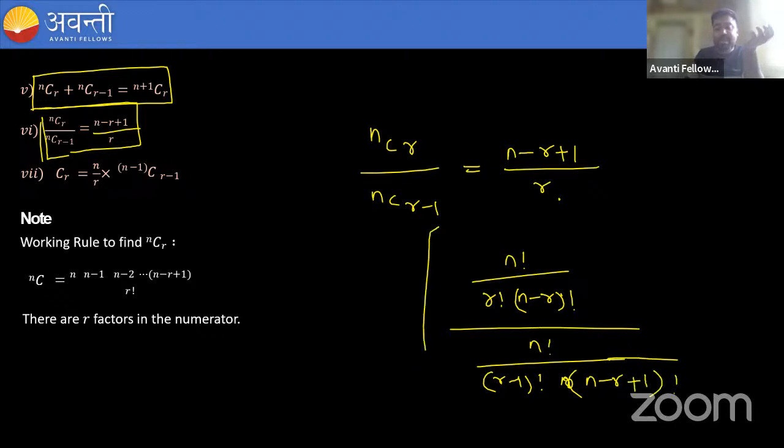So calculate this and you will get (n minus r plus 1) by r. Okay, so this is the formula actually.